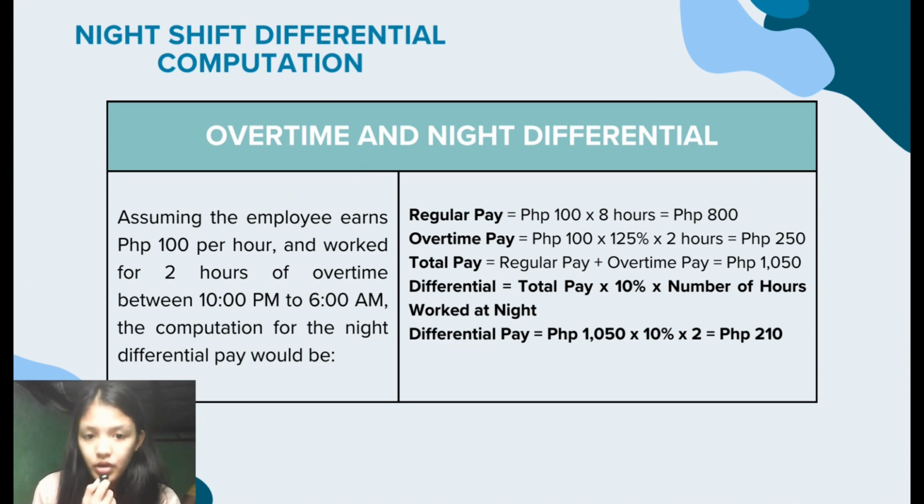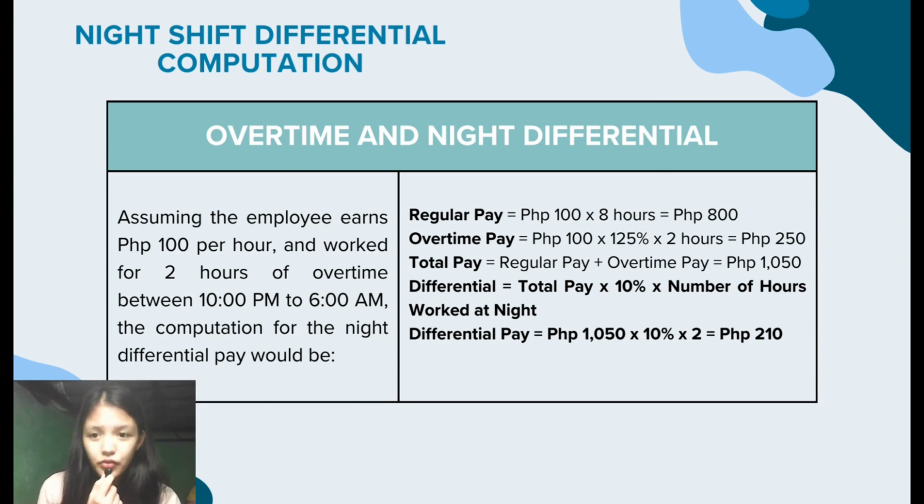In step 2, we have to compute the overtime pay, which is 100 pesos times 125%, or the overtime premium, times 2 hours. So that would be 250 pesos. So the total pay would be regular pay plus overtime pay equals 1,050.